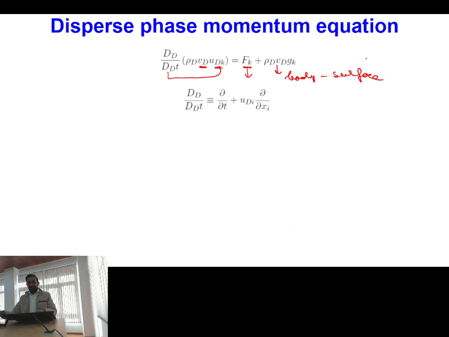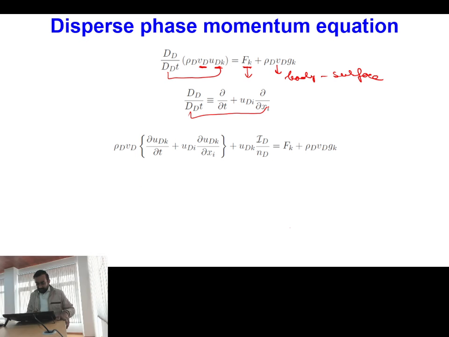And this is the definition of D. And this is our further splitting of this equation by considering rho d Vd as one parameter and ud as the other parameter. If I use the separation of variables, then this is the first part, and the second part will become udk into id by nd, and id by nd comes from our previous lecture on the number continuity equation. Okay, and this is Fk.